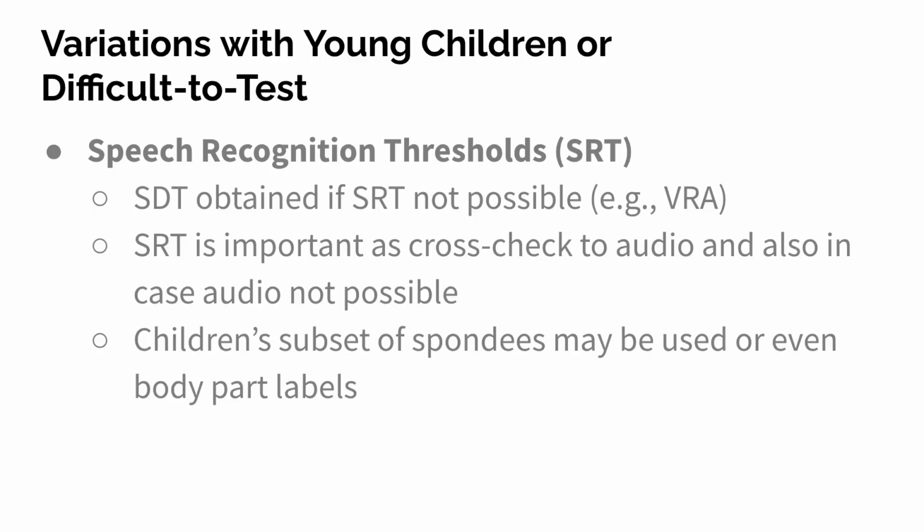There's a children's subset of spondees, which I already showed earlier on: the 20 most easily pictured spondees, which you might use, or you might even just use body parts, like show me your nose, show me your mouth, show me your arm, that kind of thing. In those cases, they're using verbal or pointing responses when they're real young, when they're 2 or 3 years old.